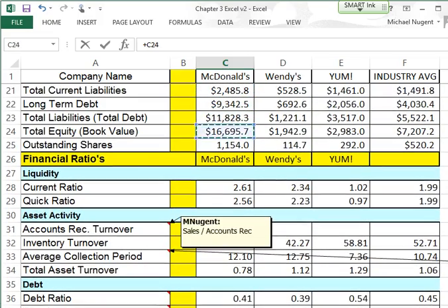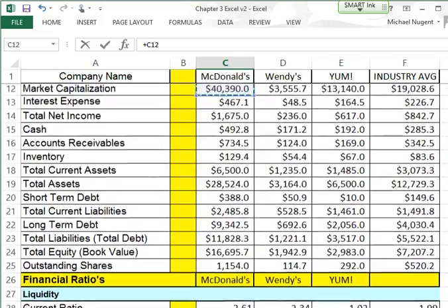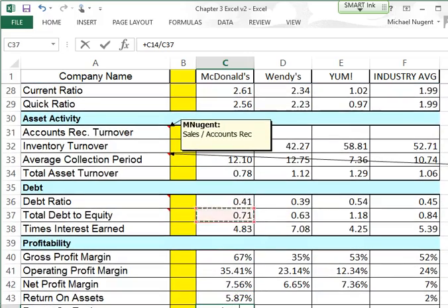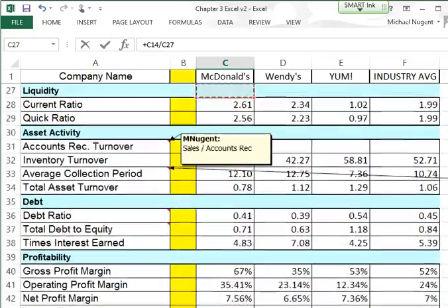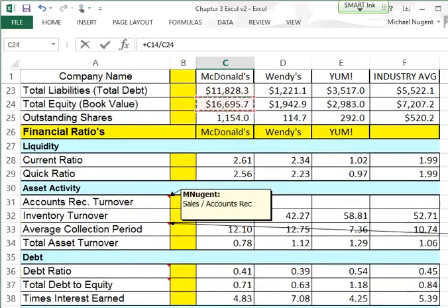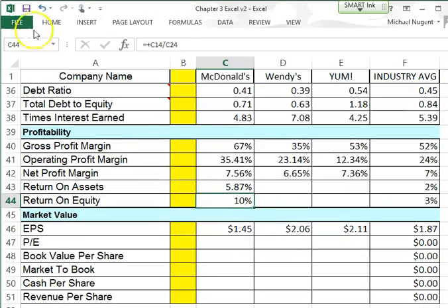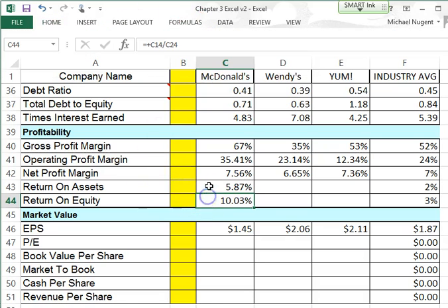We took total equity, profits, divided by, sorry for bouncing around, book value. Should be earnings divided by equity.